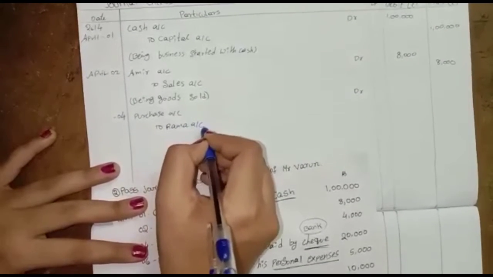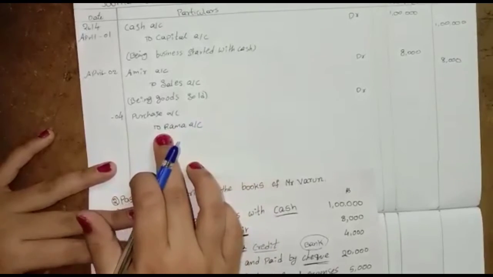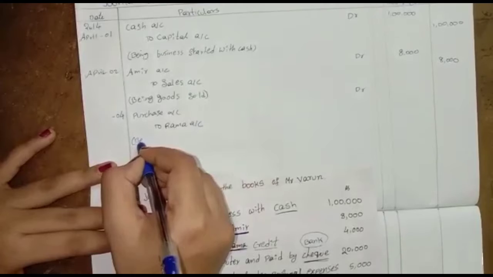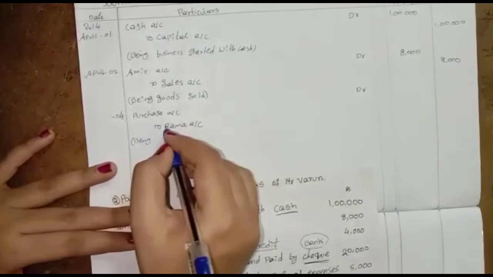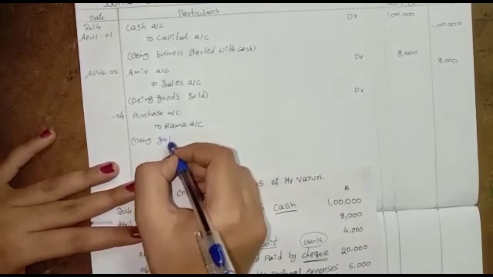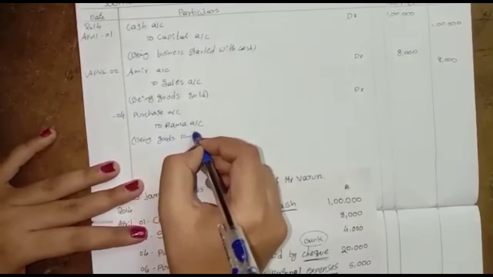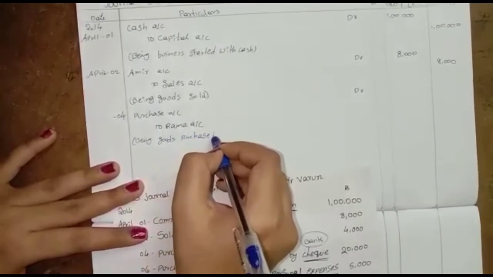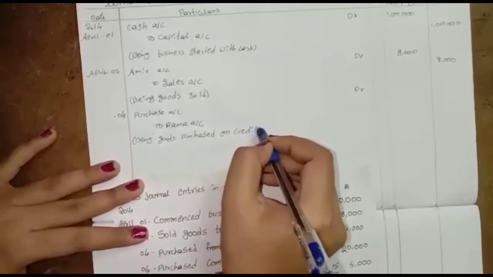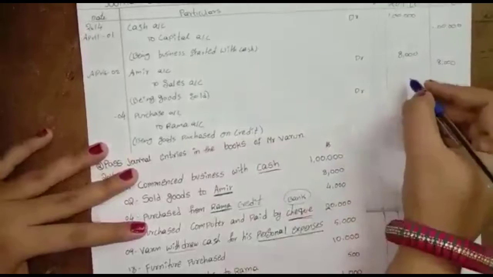If it is a cash transaction, we have to write cash instead of Rama. The narration is being goods purchased on credit. The amount is 4,000.